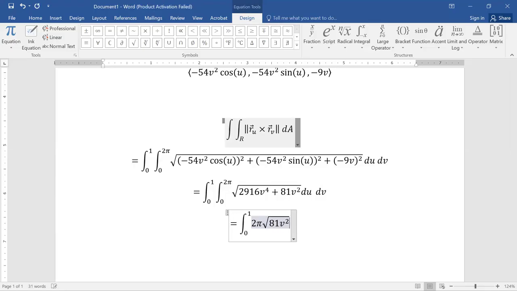I'm going to factor that out, but then I'm going to have a square root of 36v squared plus 1 underneath the square root left. So we get 9v here. If you want to pull out 18 pi in the front, you can.